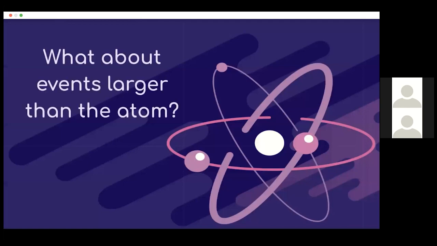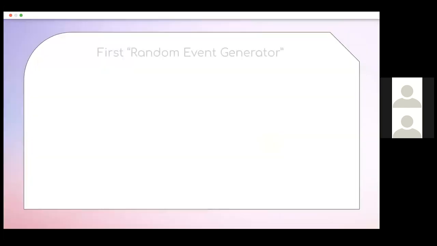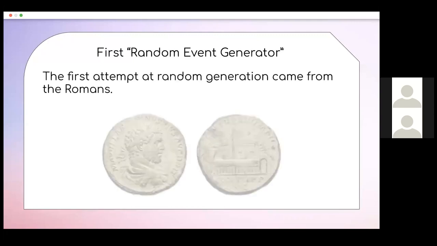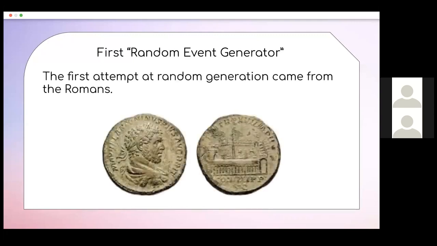So now we go to events larger than the atom. All right, let's look at our history. Our first attempt at random number generation comes from the Romans, where they used a coin flip to determine the outcome of certain situations. But just like Dylan said, a coin flip is not actually random.